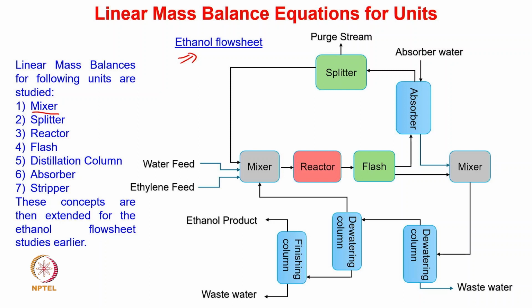So in this particular flow sheet you can see that water, ethylene and recycled stream is mixed in the mixture, and this entire mixture is then charged to the reactor, and the reacted stream is then sent to the flash unit. In the flash unit, the vapor and the liquid is separated.